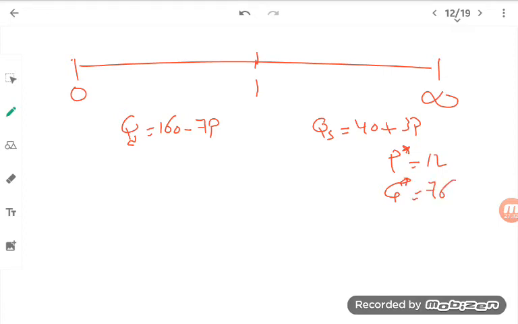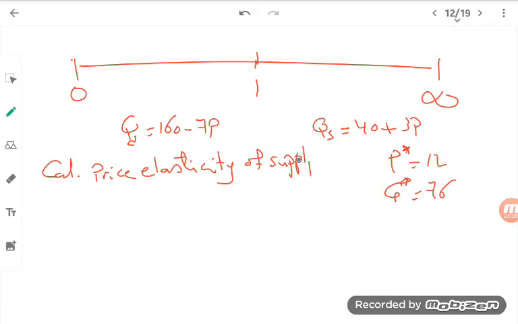Now we would like to calculate price elasticity of supply at equilibrium, which means point elasticity of supply.